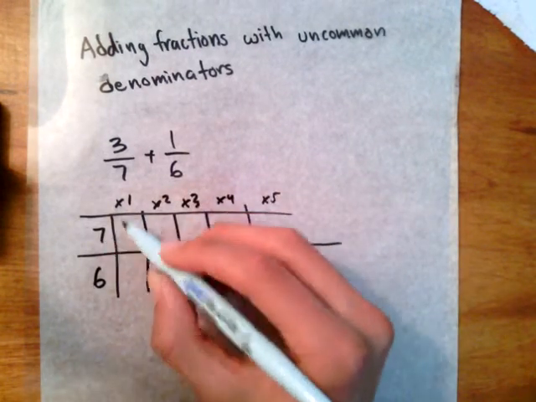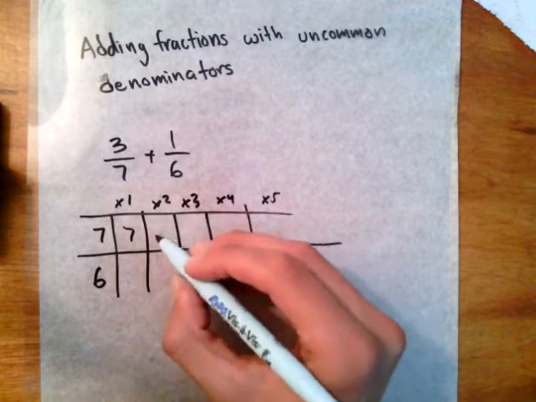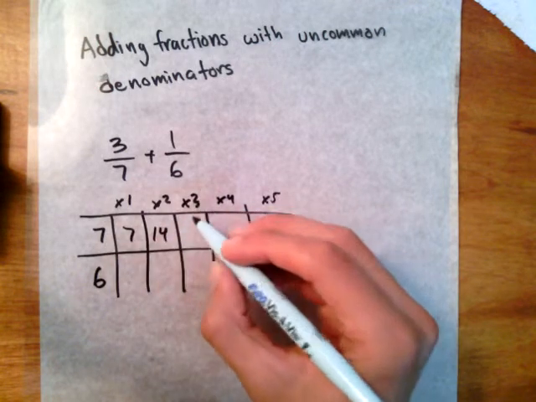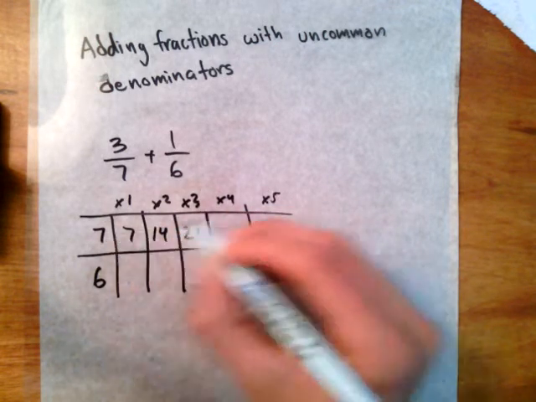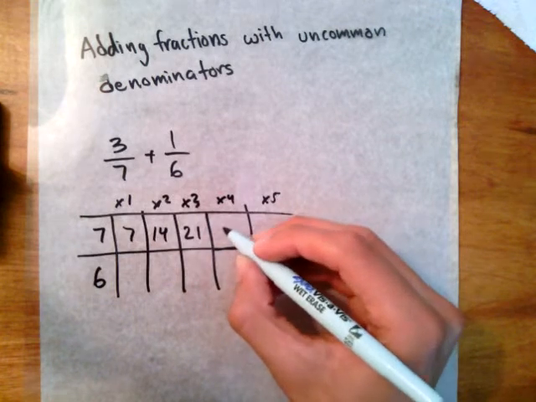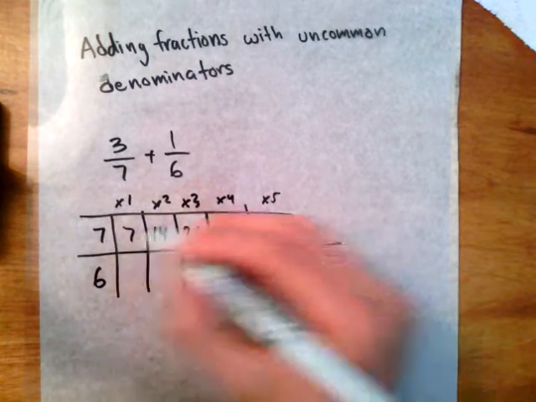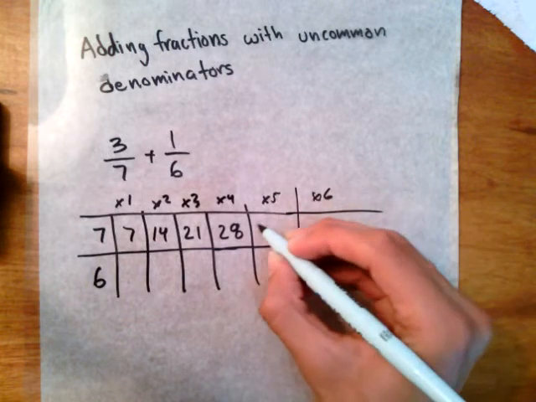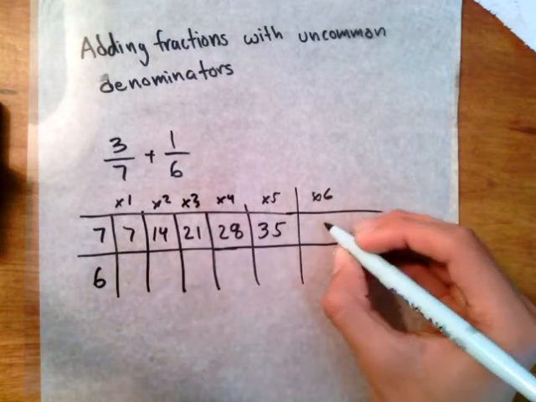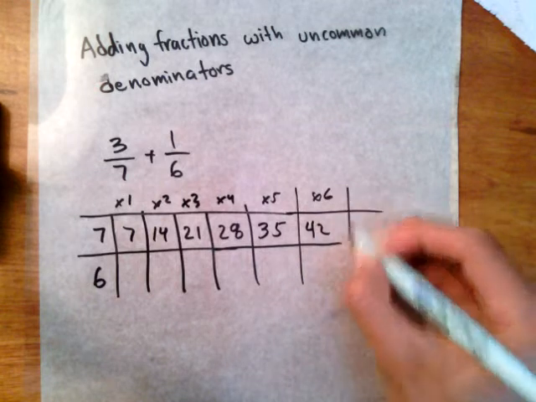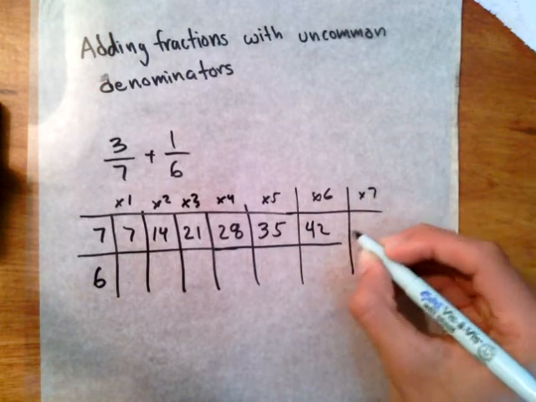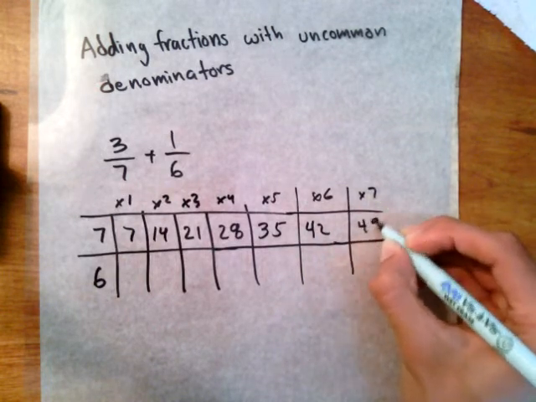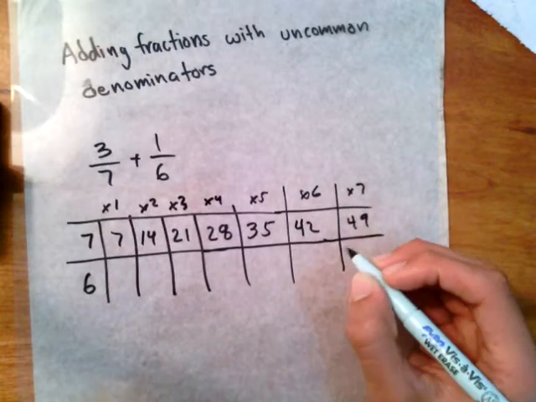So we have 7 times 1 gives us 7, 7 times 2 gives us 14, 7 times 3 gives us 21, 7 times 4 gives us 28, 7 times 5 gives us 35, 7 times 6 gives us 42, 7 times 7 gives us 49, and so on.